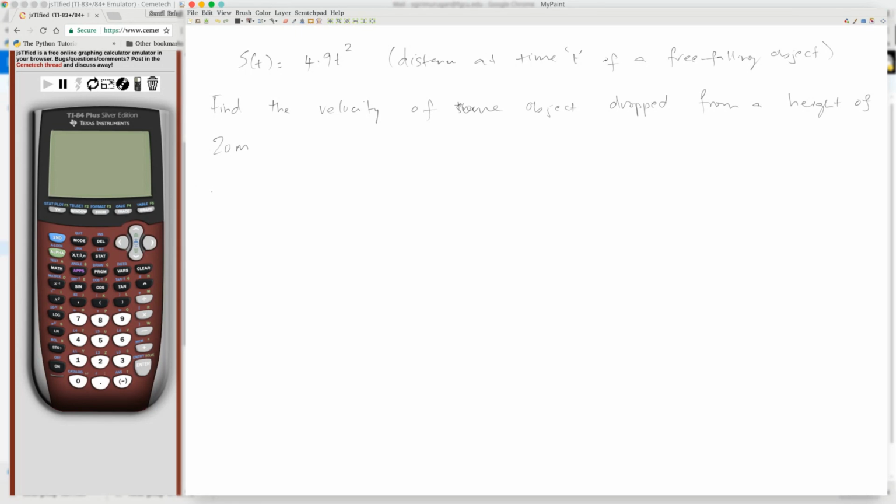So with a height of 20 meters, you're dropping the object, and at time t equals, let's say, 3 seconds. Notice this is an exact or instantaneous time.